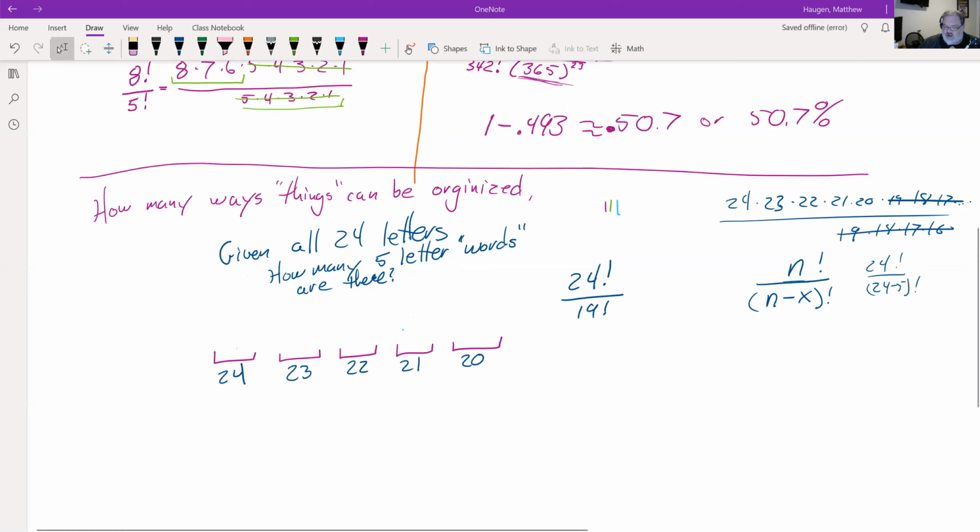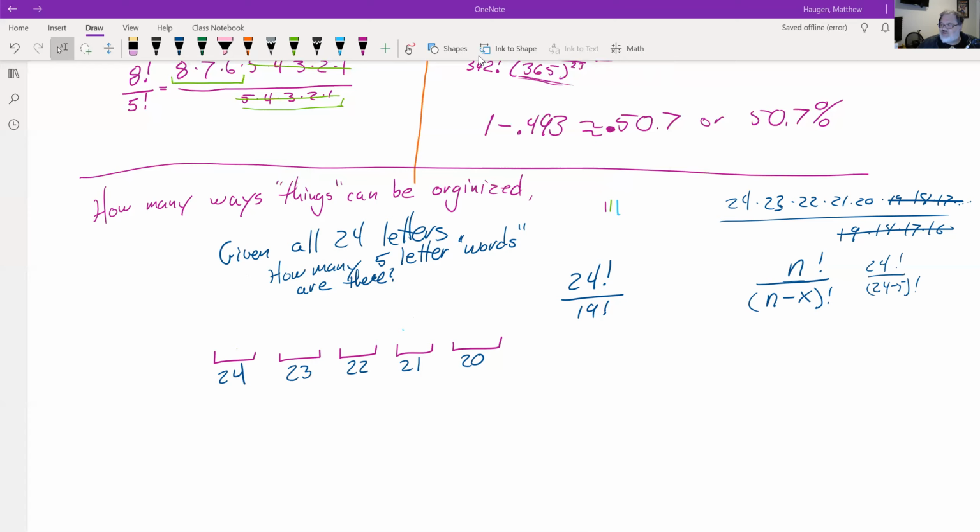Now, I am curious if the calculator will handle that. It let me down before. I know it can do 20 factorial. It should be able to handle this, but we'll see. I know Excel will, so I'm not too worried. So 24, math, probability, factorial.